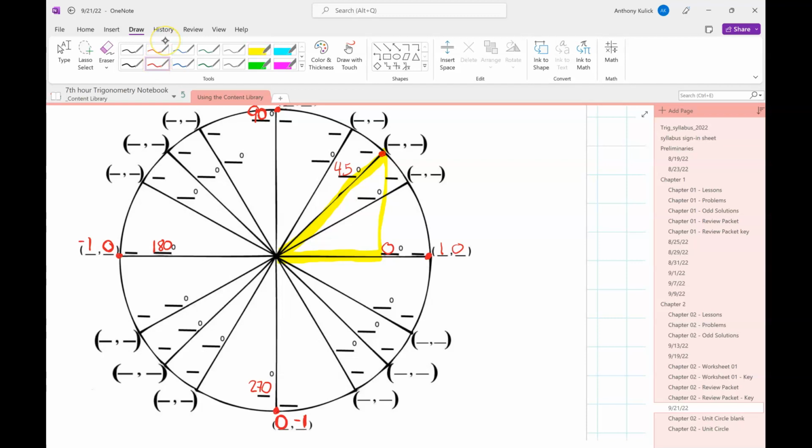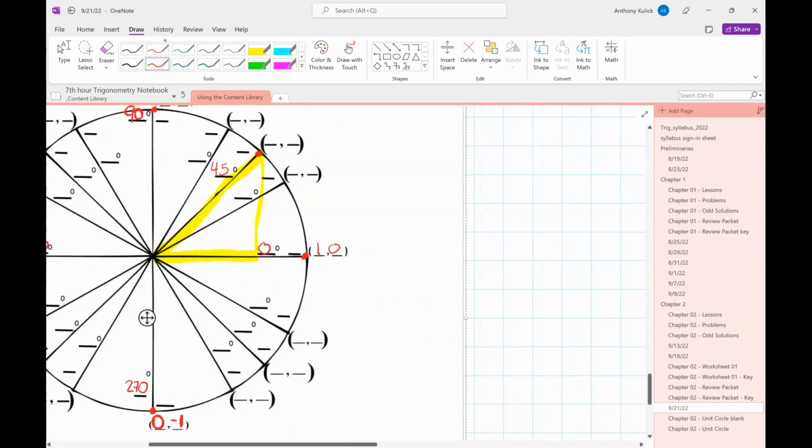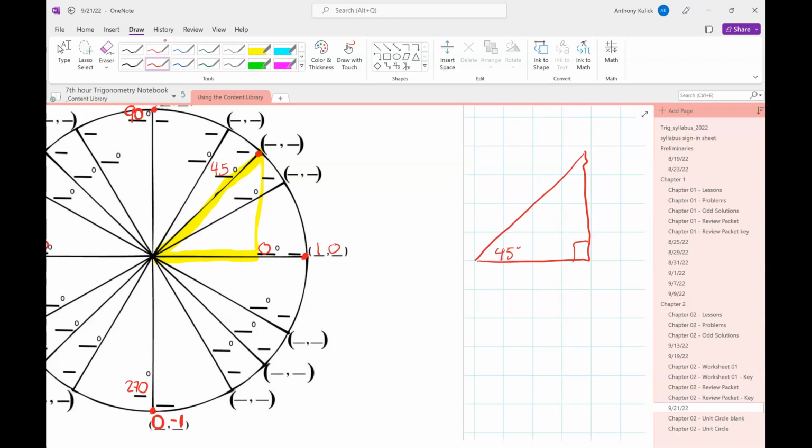I'm going to draw it off to the side here.